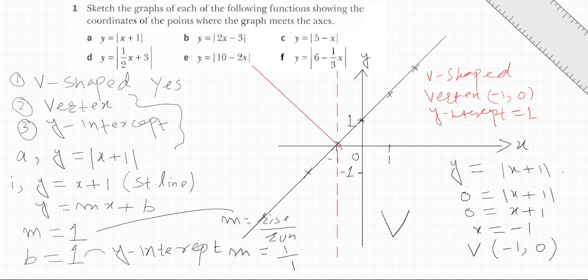This portion is reflected, this one. Hope you understand. Now move to the second part.